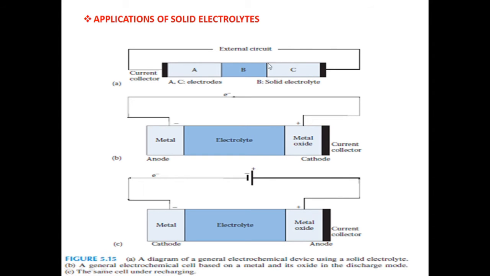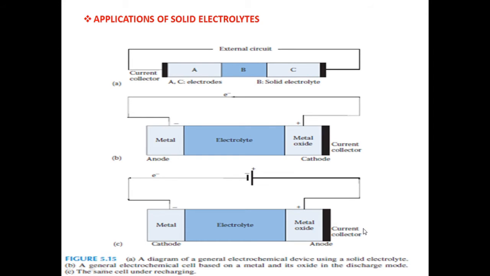Here, A and C are electrodes and B is the solid electrolyte. This is the external circuit and current collector. Again here electrolyte, metal oxide, metal anode, cathode and current collector. And this is the cell under recharging: electrolyte, metal oxide, cathode, anode, plus minus, and these are the current collectors.